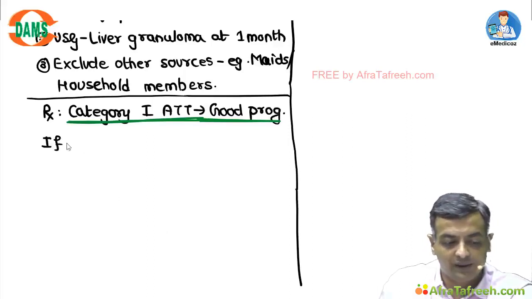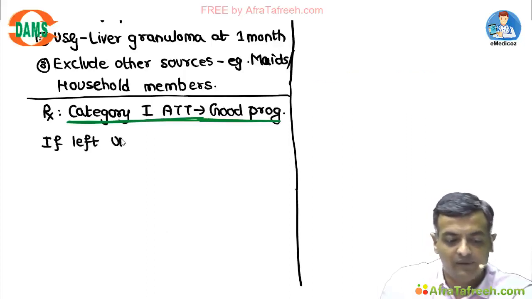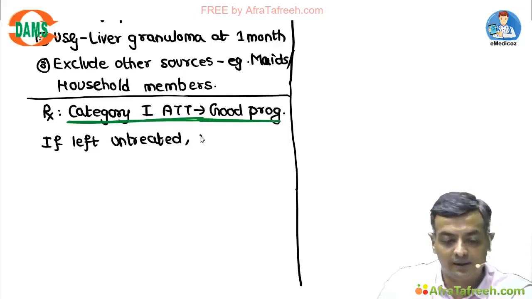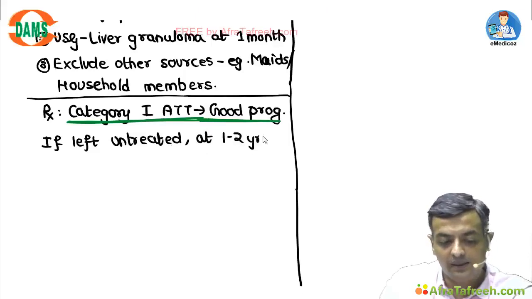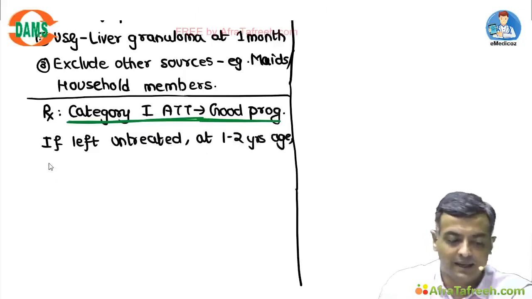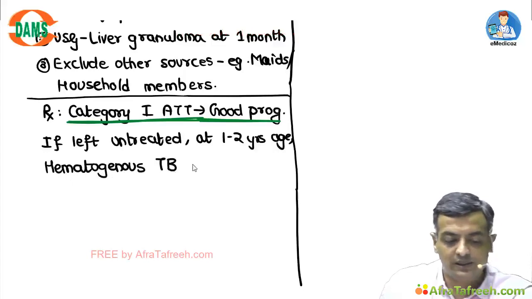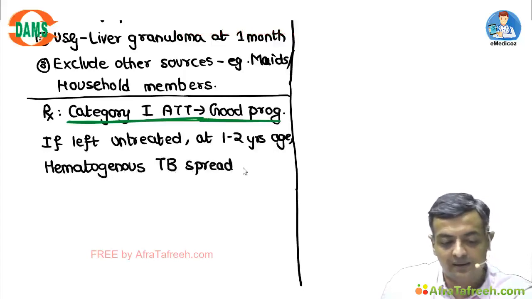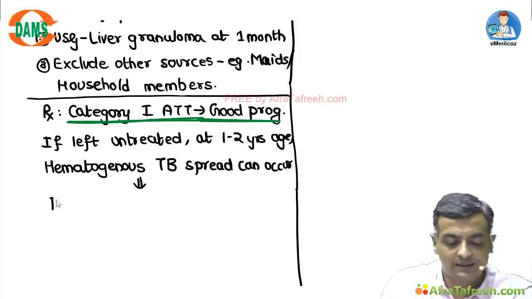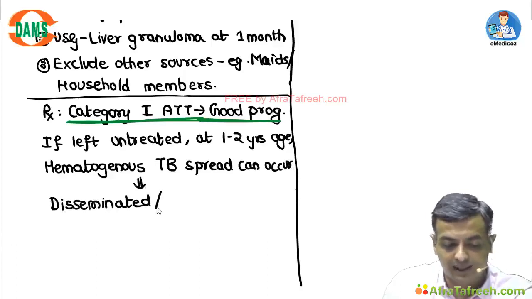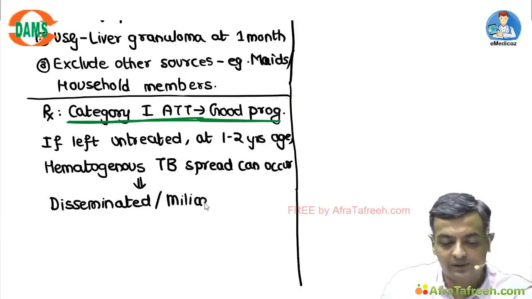If it is left untreated, at 1 to 2 years of age hematogenous spread of infection can occur, and there is a risk of disseminated, also called miliary, tuberculosis.